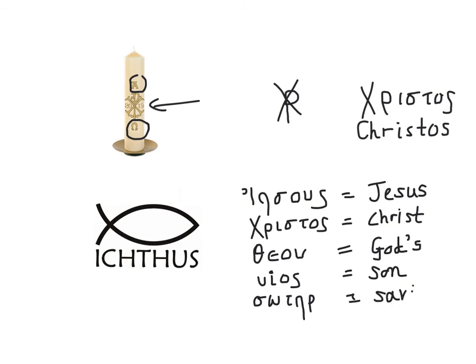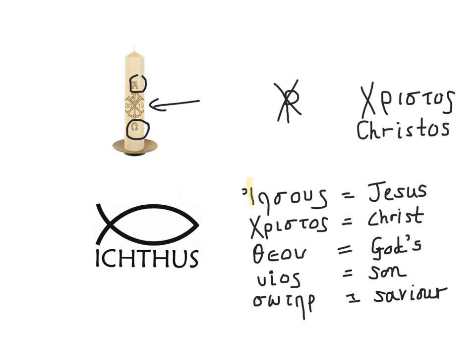So, early Christians, looking for a sign by which they could be identified in secret, could make a word using the first letters of each of these words.